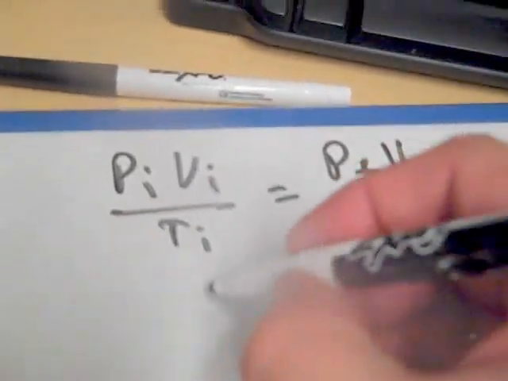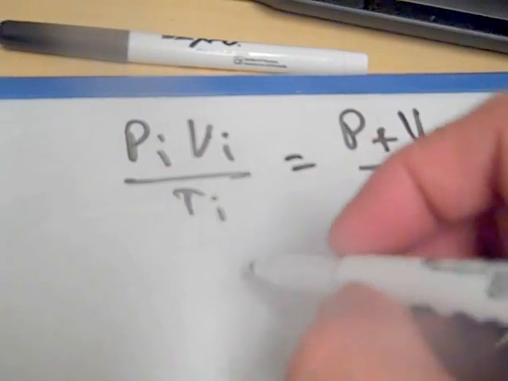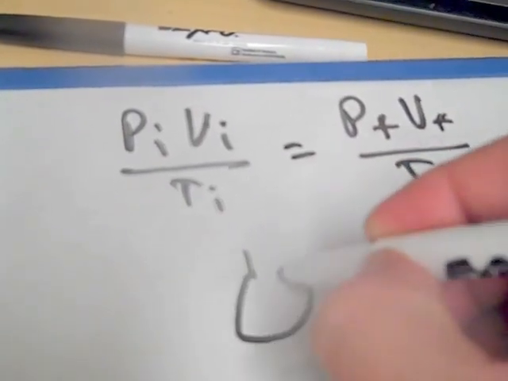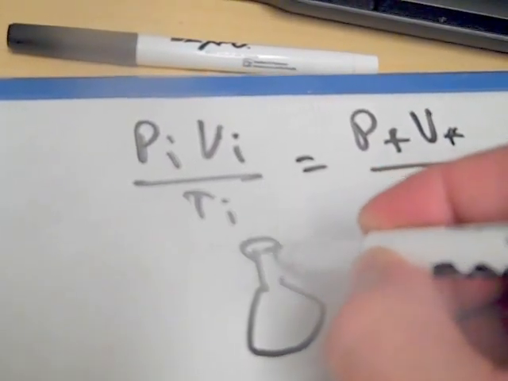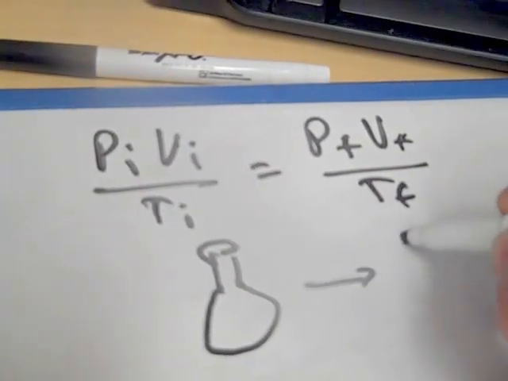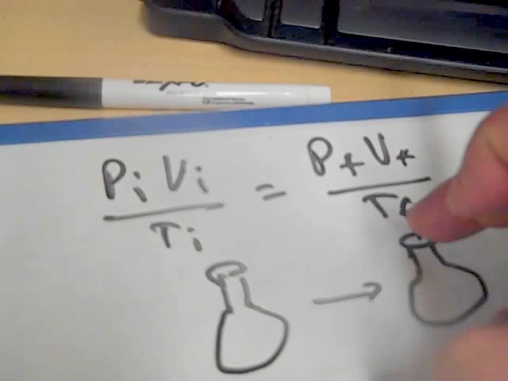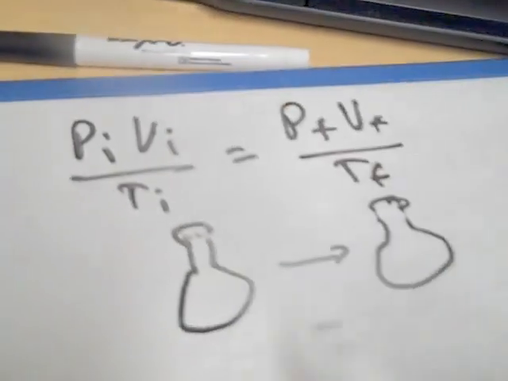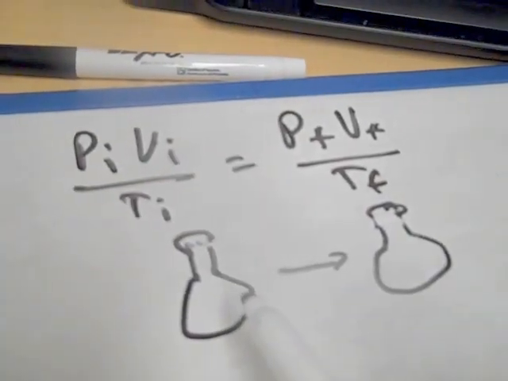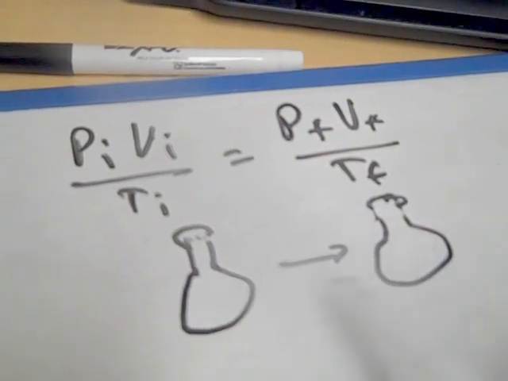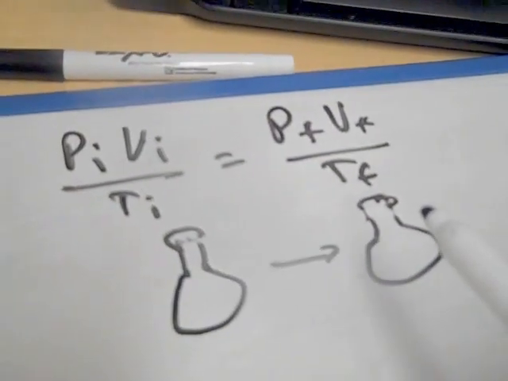Suppose you're looking at the pressure, volume, and temperature changes in a gas cylinder. So this is a gas cylinder, and let's say the gas is pressurized here. Maybe you're increasing the temperature here, and then you're also increasing the pressure.